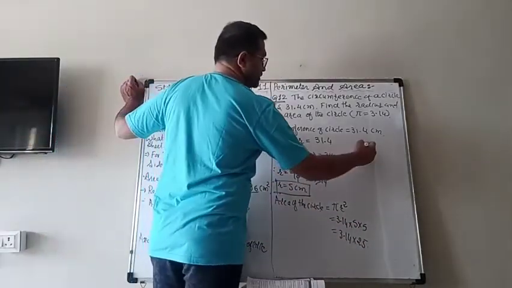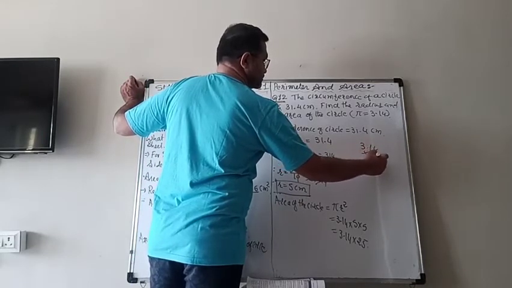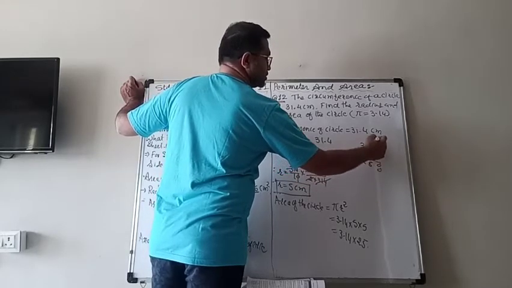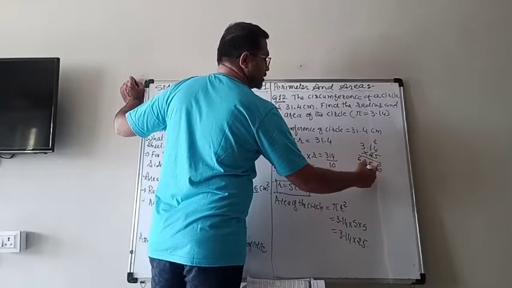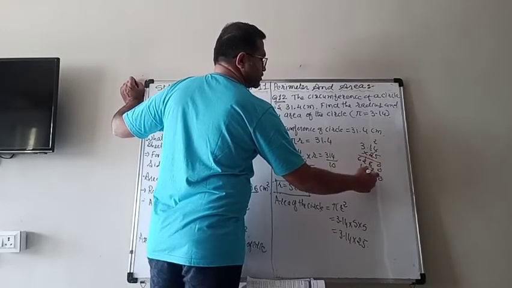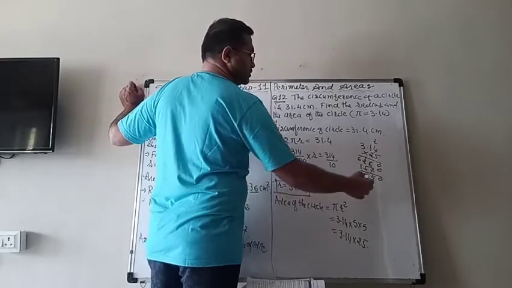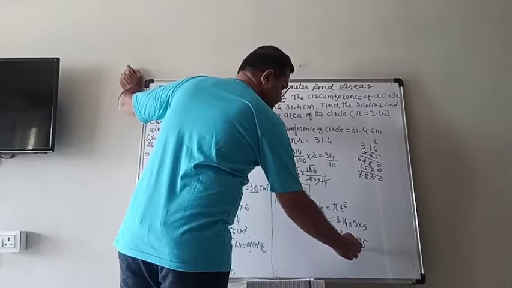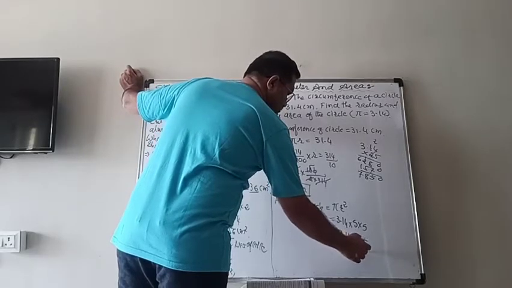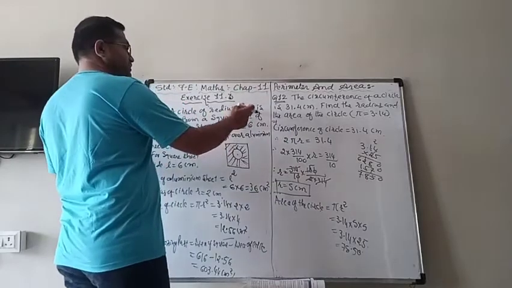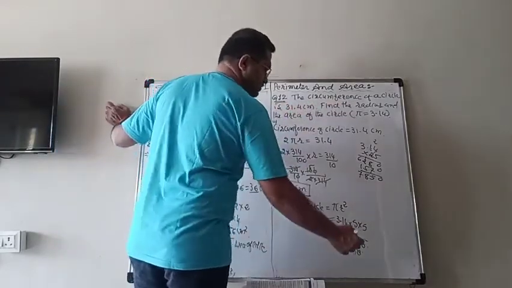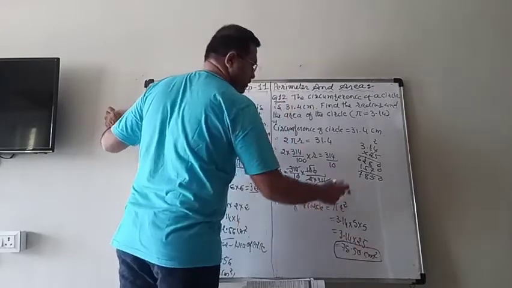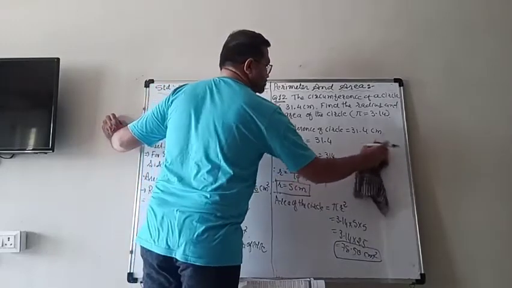So now we have to do the multiplication. So 78.50, that is 78.5. All the units are centimeter, so the area will have the unit centimeter square.